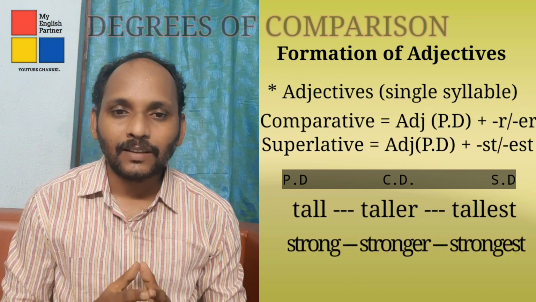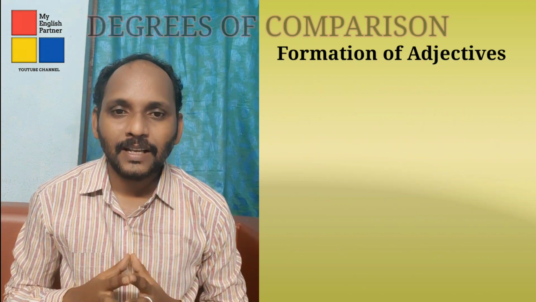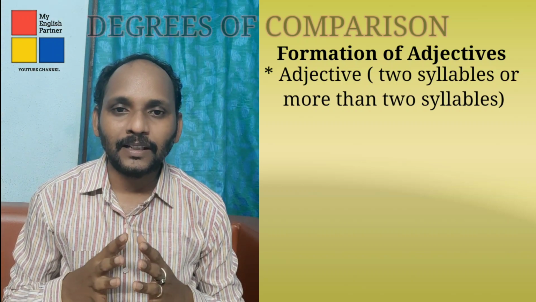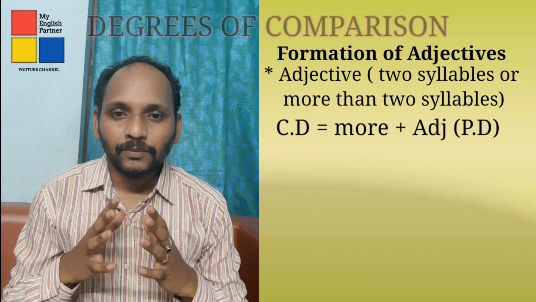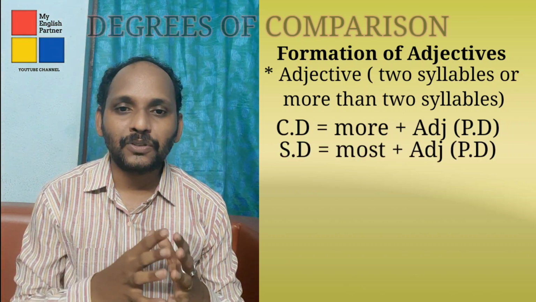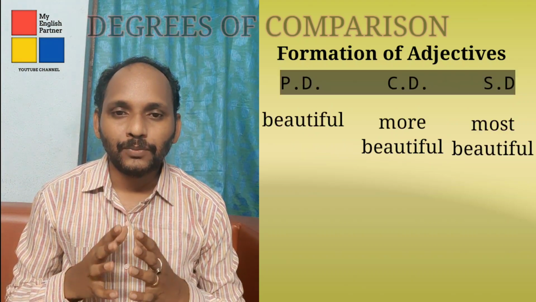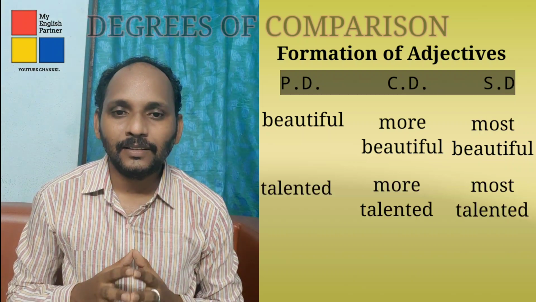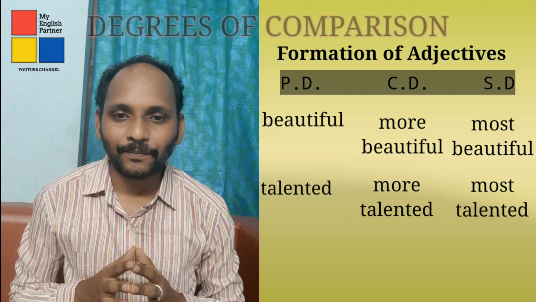Strong, stronger, strongest. Most of the adjectives having more than 2 syllables form their comparative degree by using more, and they form their superlative degree by using most with the positive degree. For example, beautiful, more beautiful, most beautiful. Talented, more talented, most talented.